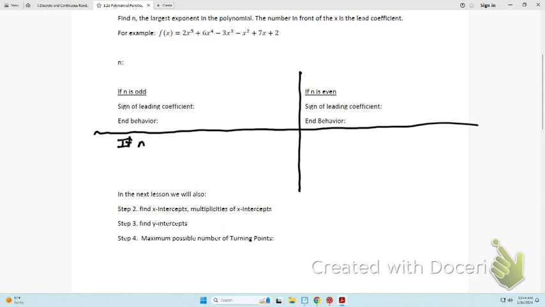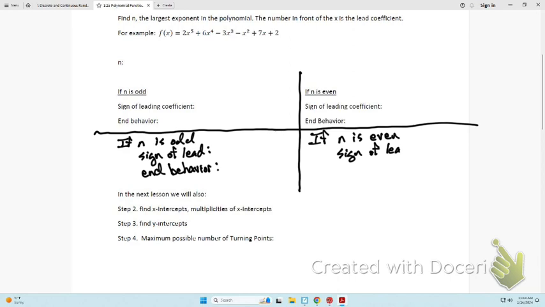If n is odd, sign of lead, end behavior. If n is even, sign of lead, end behavior.